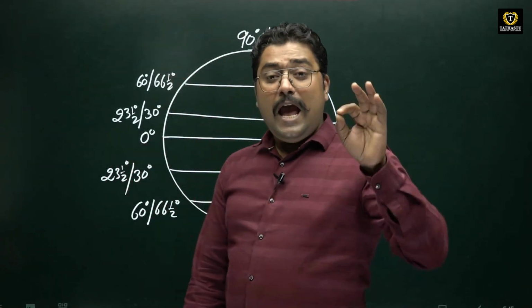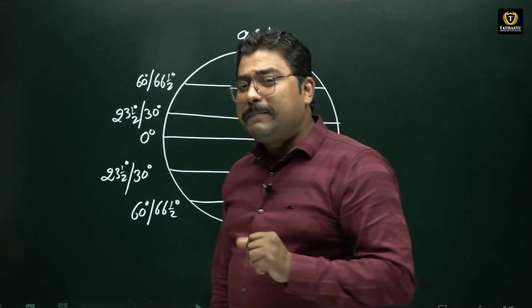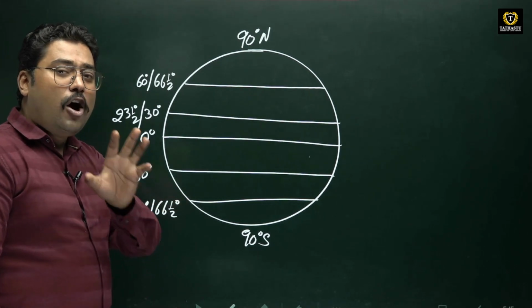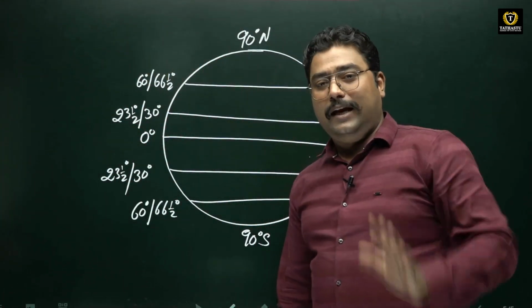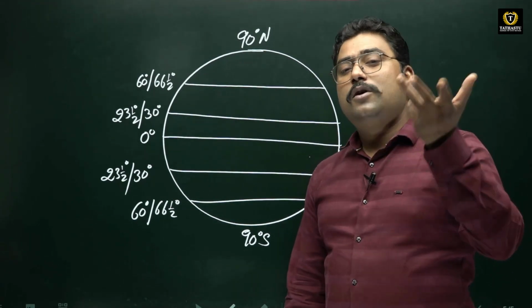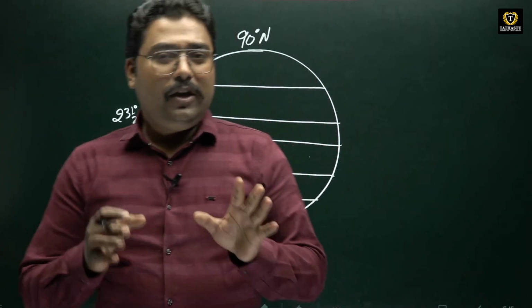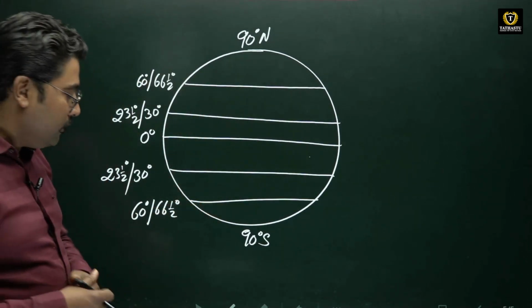But according to meteorologists, or you can say climatologists, it is believed that till 30 degree the sun rays are almost vertical in nature, and beyond 60 degree it becomes almost horizontal in nature. But don't worry, you will get only one degree if in examination they are going to give you.